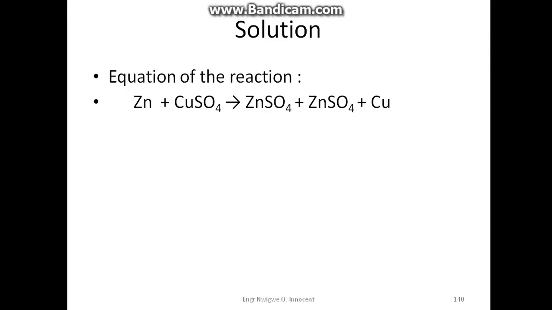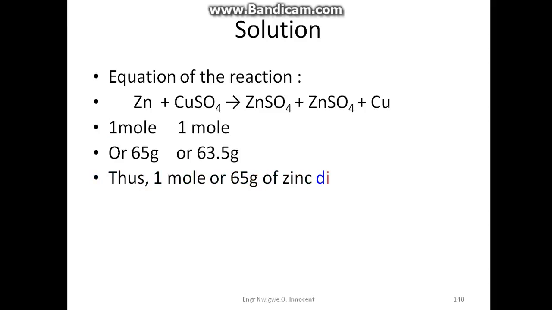That is, 1 mole of zinc reacts with 1 mole of copper tetraoxosulfate(VI), or 65 grams of zinc reacts with 63.5 grams of copper. Thus, 1 mole or 65 grams of zinc displaces 1 mole or 63.5 grams of copper.